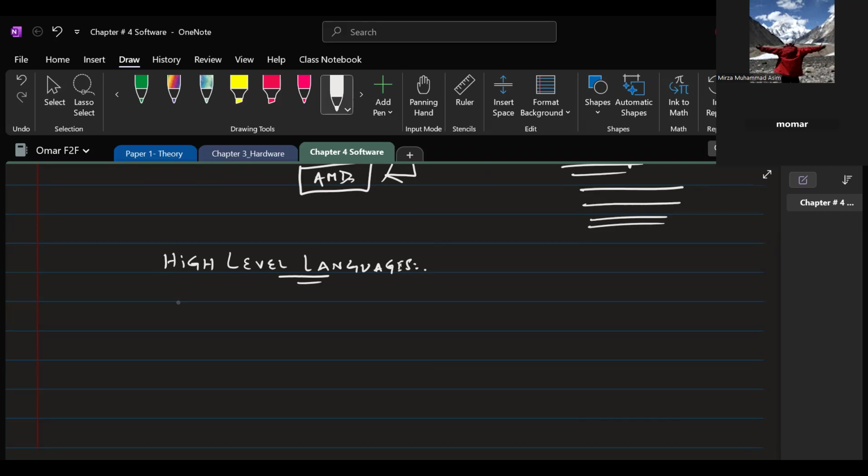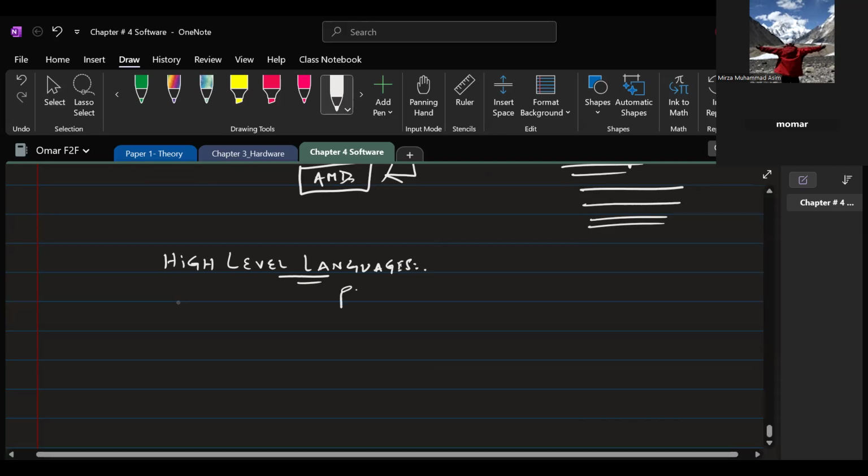For example, print, input, do, until. So these are English words everybody can understand.